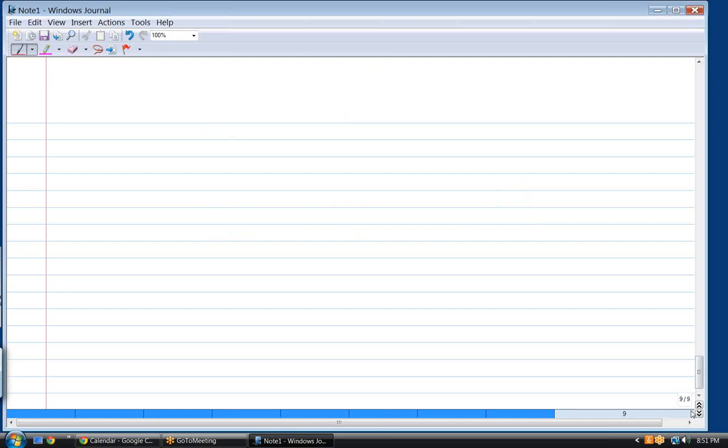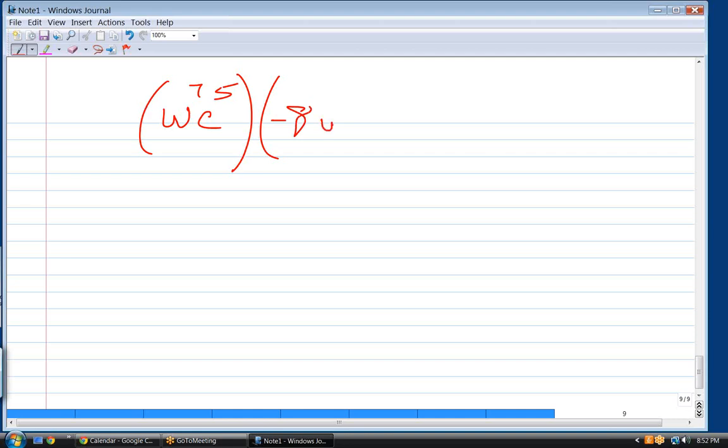Okay, the next one says simplify, in parentheses, w to the power of 7, c to the power of 5, end parenthesis, times, in parentheses, -8w c to the power of 3.